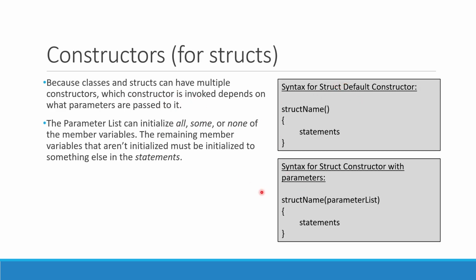Whichever constructor is used completely depends on what parameters are passed to it, okay? Now, we have the default constructor. Inside parentheses, there's no parameters because the default constructor is supposed to take no parameters. But then the constructor with parameters just has a parameter list here. And that's actually the only difference between these two, okay?